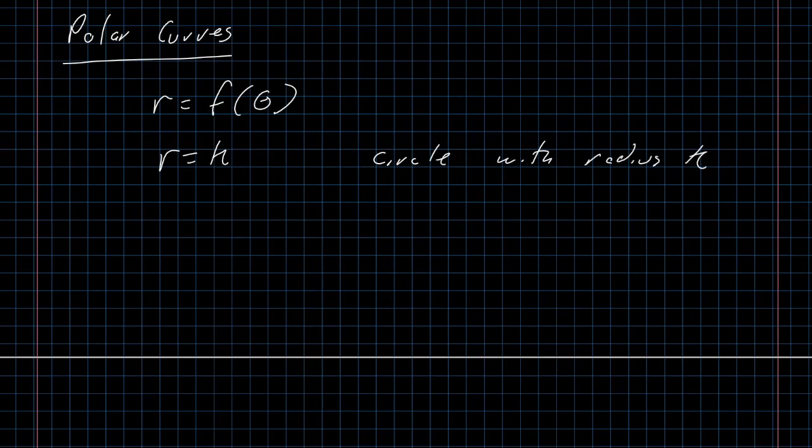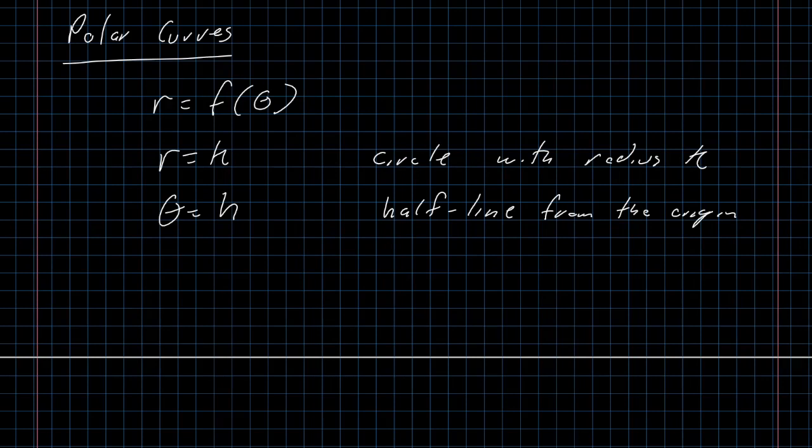The curve r equals k is a circle with radius of k, and the curve theta equals h is, I'm going to call it a half line from the origin. It's a ray, but it's not really directional, so rays can get a little bit weird.